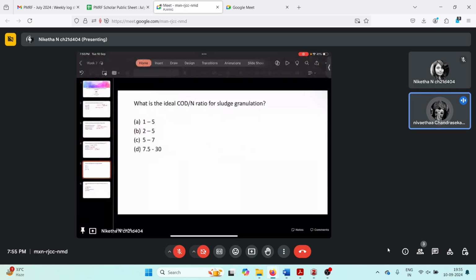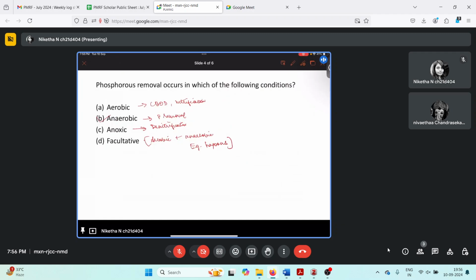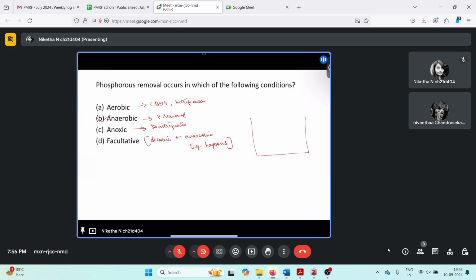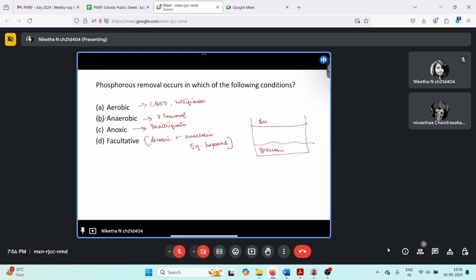Can we say a trickling filter is facultative, ma'am? Trickling filter, no, actually, because anaerobic conditions develop, but that means the aerobic bacteria are going to die, and because of that, sloughing will happen immediately. So the slime layer will be completely removed. Whereas in a lagoon, anaerobic and aerobic conditions coexist. This bottom portion will be anaerobic and the top portion is going to be aerobic, and these conditions will be maintained throughout.